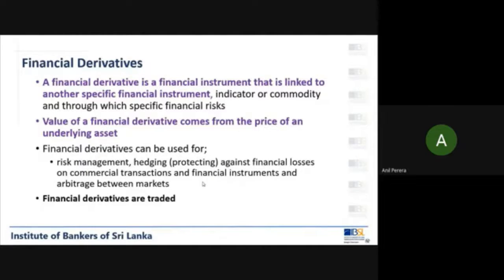So in that sense, we can say a financial derivative is a contract entered into for delivering an asset. That asset could be a currency or a commodity or any other financial product at a future date at a price or value agreed at the time of the contract. So in a financial derivative, you essentially enter into a contract today to execute that transaction in the future at the price agreed today.